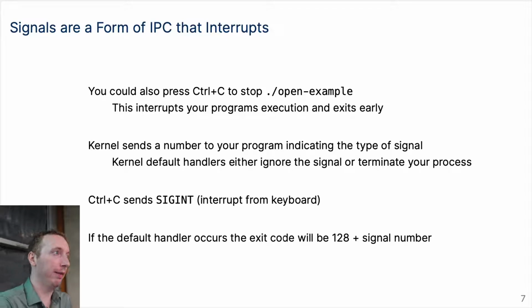Then there are default handlers that you don't have to write. The default handler for interrupt signals will just exit the process immediately, and it adds 128 to the signal number for its exit code. So if we do a little math, we got 130 returned. Well, 130 minus 128, so SIGINT must be signal 2.